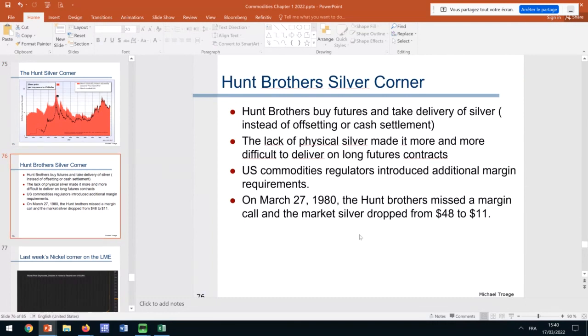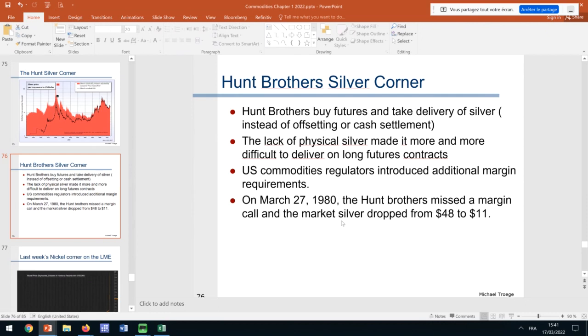Then they had to sell these buy contracts, and when they started selling these long contracts, the silver price crashed as well.